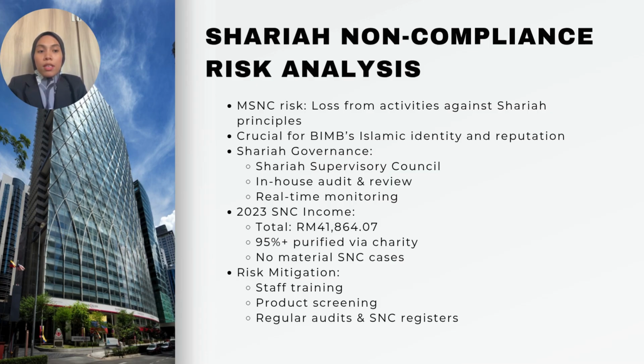Impressively, over 95% of this was verified through charitable donation. No major SNC incidents were reported. This shows that their staff training, product screening, and audit procedures are effective. Sharia risk register and active oversight further support yearly detection and correction.